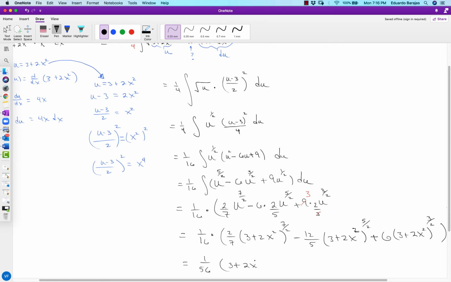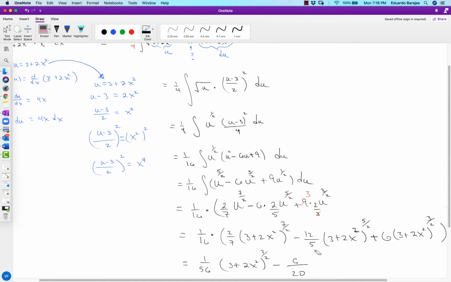3 plus 2x squared raised to the power of 7 divided by 2 minus, then 1/16 times 12/5, that will have a 240. 2 gives me a 6 divided by 8 times 4 makes it 40. Oh, and that also reduces. So 4 goes in here, 4, 20, and 3.